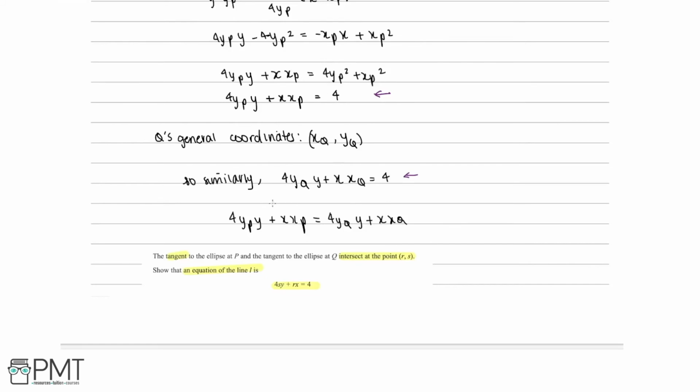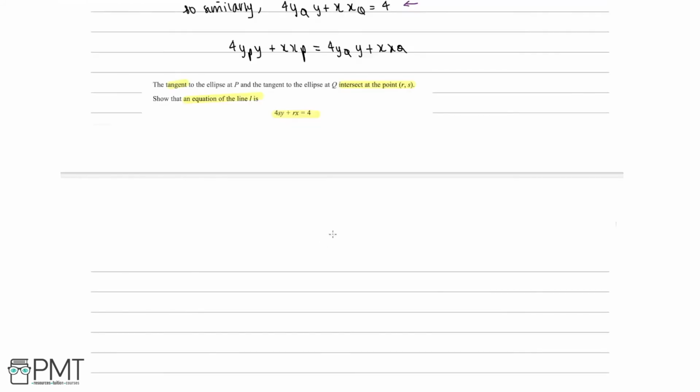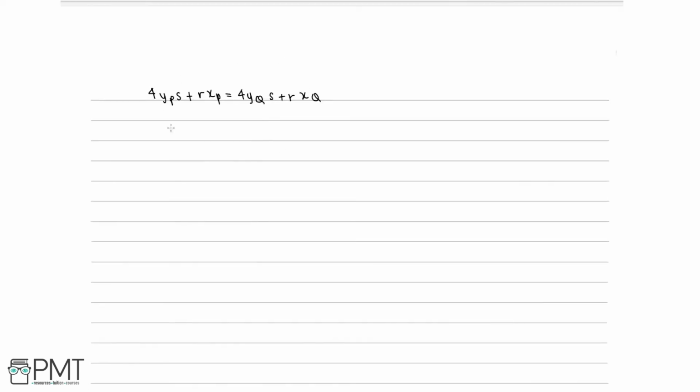And similarly, 4ypy plus xxp is equal to 4yqy plus xxq must also be satisfied at the point RS, because these two equations are satisfied at the point RS. So let's substitute in RS into our equation over here. So we have 4yp multiplied by s plus r multiplied by xp is equal to 4yq multiplied by s plus r multiplied by xq.